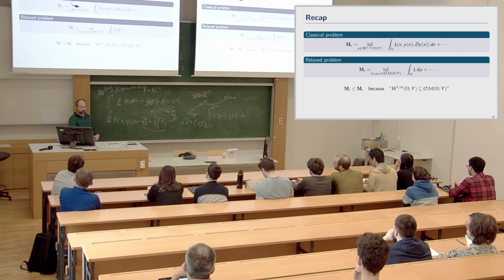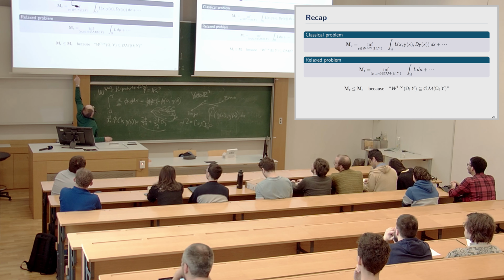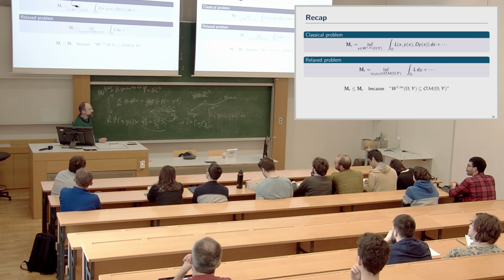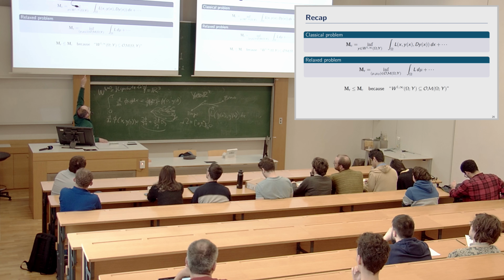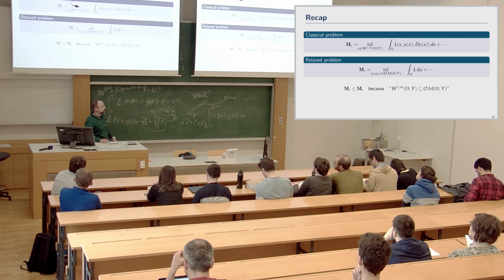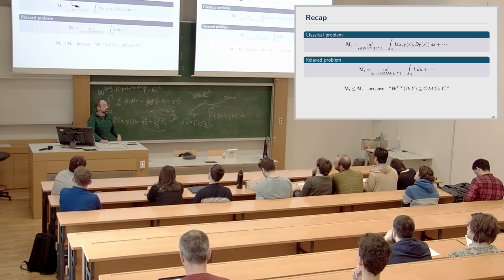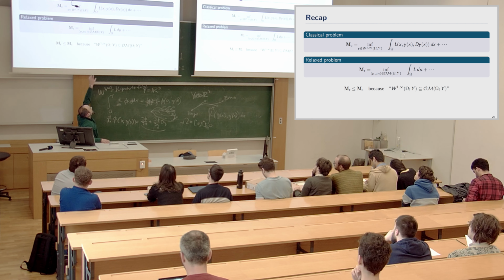And of course, the relaxation is a bigger space. So we always have that the second is smaller than the first, right? In fact, every Lipschitz function induces an occupation measure. So you can say that the first set is contained in the second.